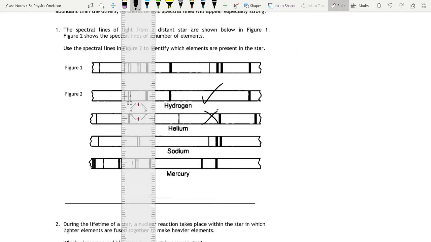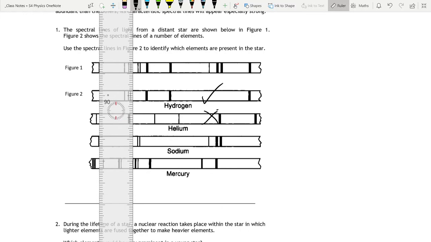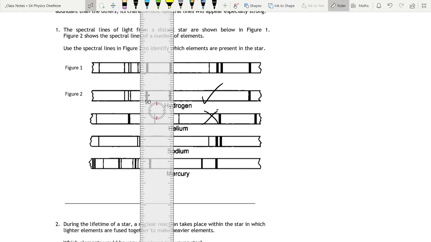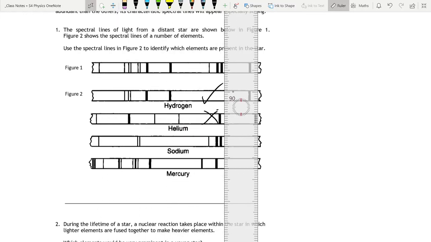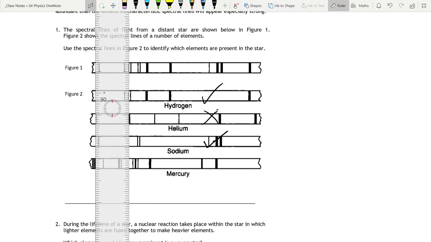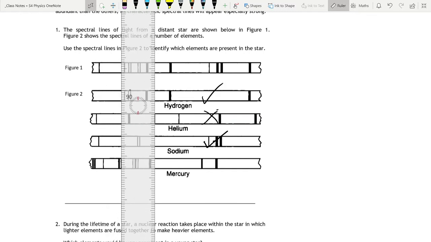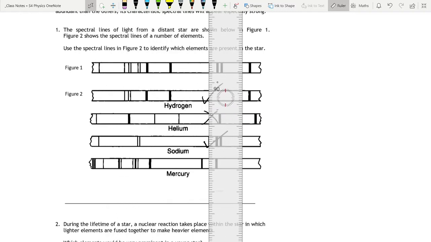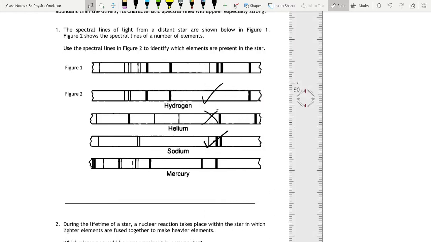Let's have a look at sodium. Yep, that matches. Those two match. That matches. Those two thick ones match. Yes, so sodium matches. And let's check the mercury. Well, we've already got two thick lines that aren't in it. That line's not in it. So a few of those lines are not in it. So mercury's not.